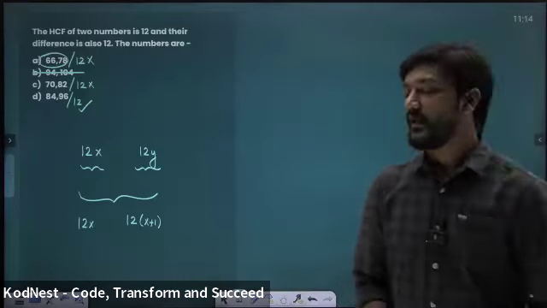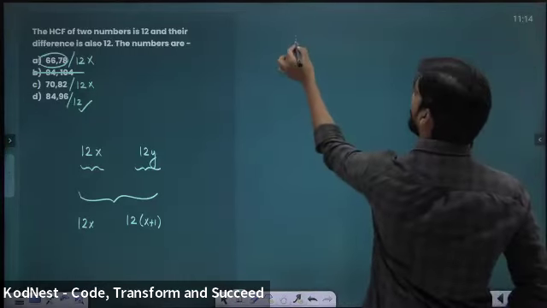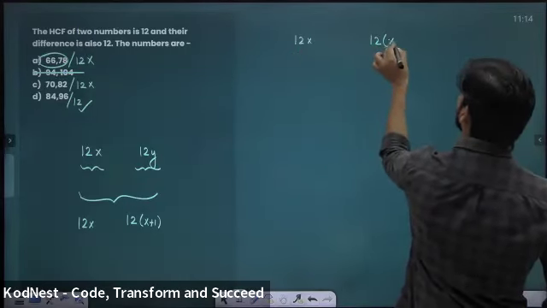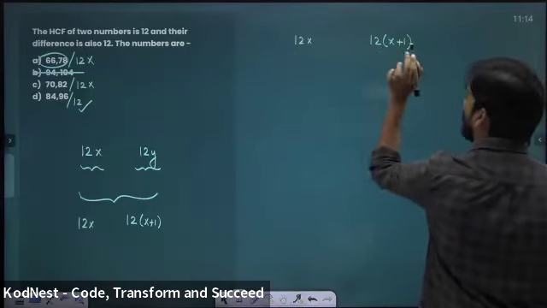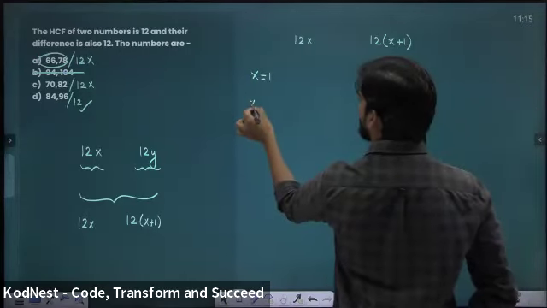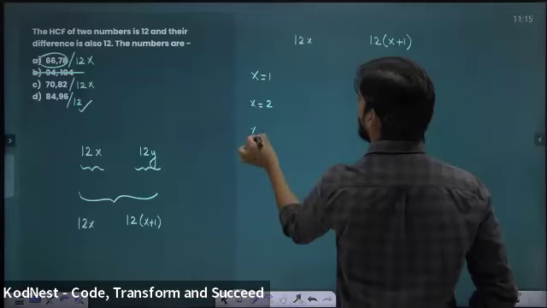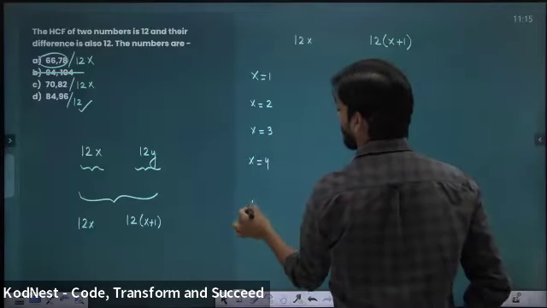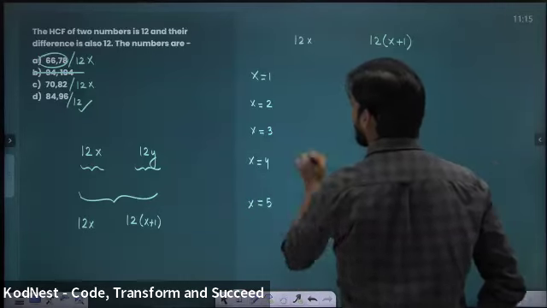Okay. Now, 12x and 12x plus 1. Keep on putting the values of x from 1, 2, 3, 4 like this. Just keep on putting the values.